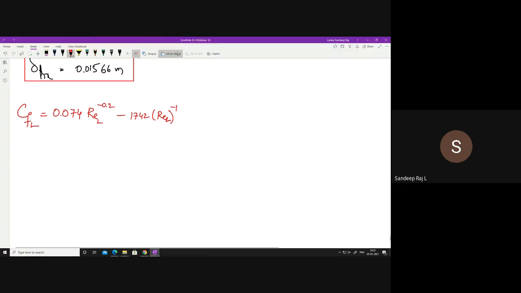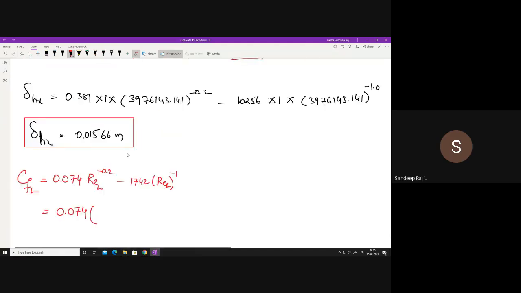So this is equal to 0.074 into 3976143.141 whole to the power of 0.2 minus 1742 into 3976143.141 whole to the power of minus 1.